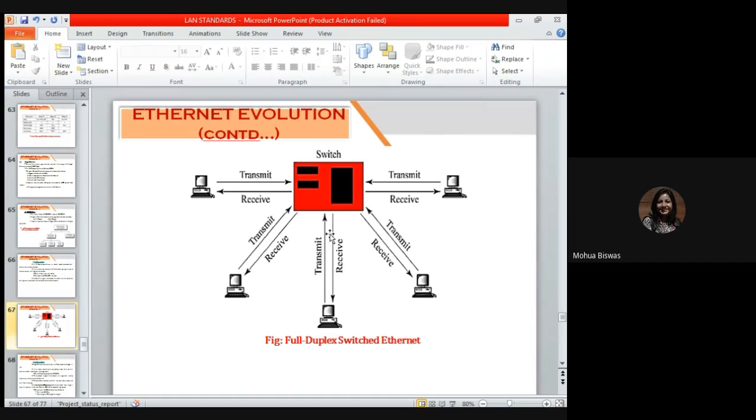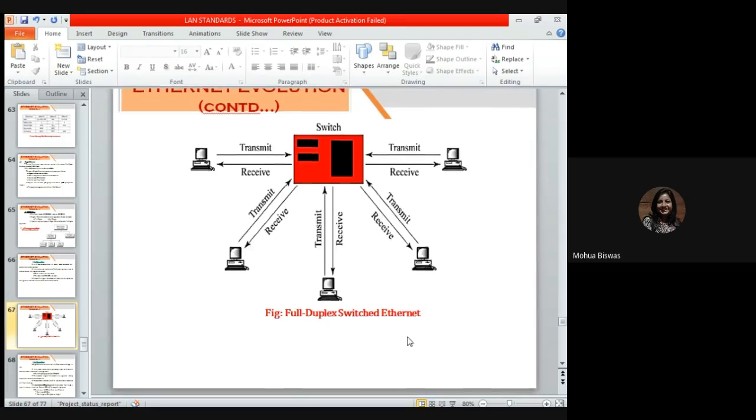For every station there are two channels, one for transmitting and one for receiving, and because of that the collision problem does not happen in the case of full duplex. This type of diagram is known as full duplex switched Ethernet.